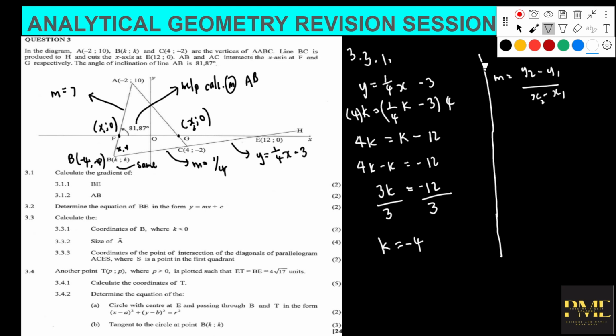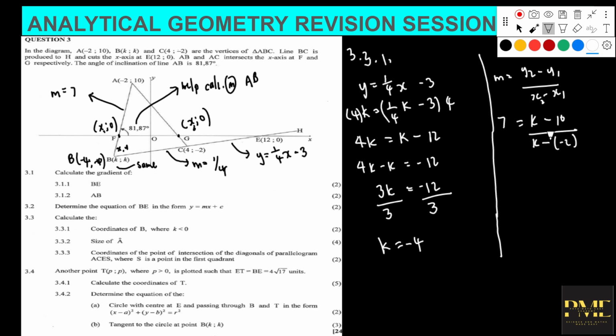We know the gradient of this line AB is 7. So we substitute 7 for m, which is equal to, our y2 will be K, so we have K minus y1, where our y1 is basically 10, all over our x2, which is also K, minus x1, which is negative 2. So we have minus into minus 2.